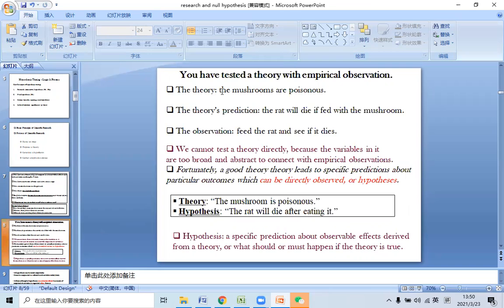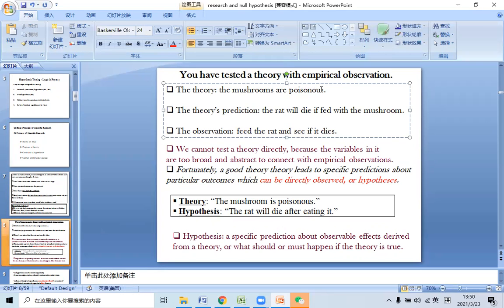Let's look at the theory more closely. The theory is the mushrooms are poisonous. And then, based on this theory, you have a prediction. This prediction is your research hypothesis. The rat will die if you give him the mushroom. If you feed the rat with a mushroom, you can observe that the rat will die.